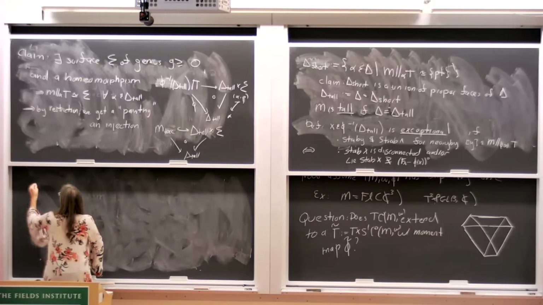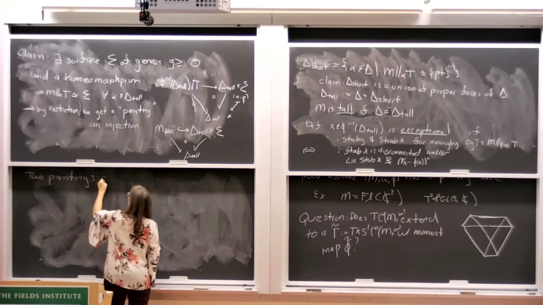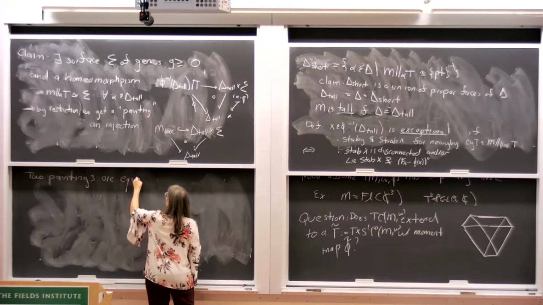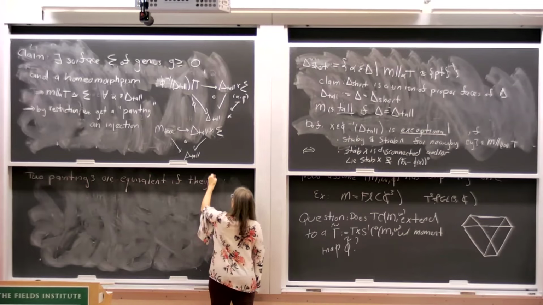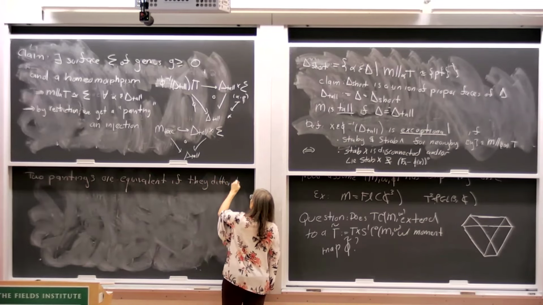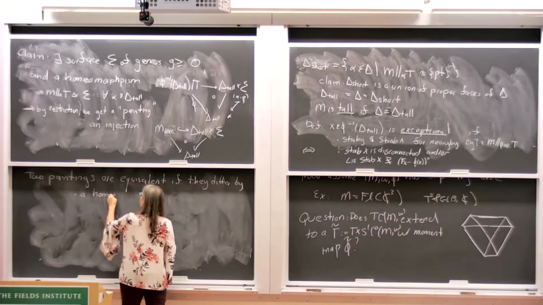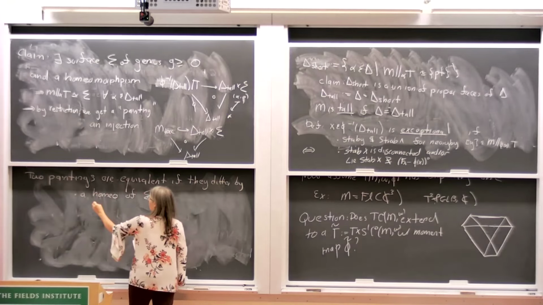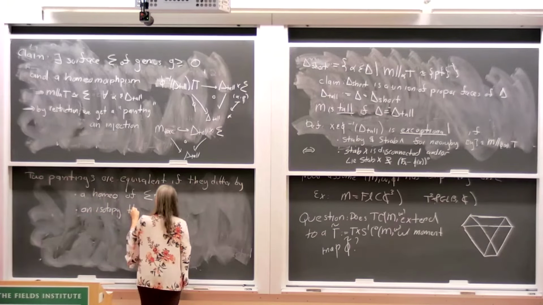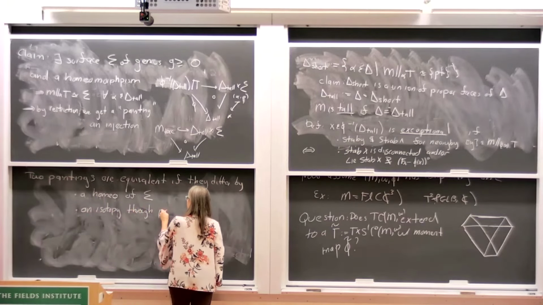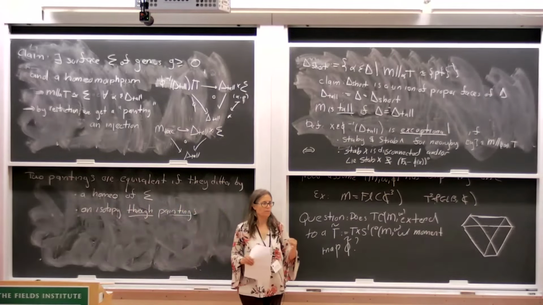I need two paintings to be equivalent if they differ by two things. I can take a homeomorphism of the surface, I don't care about that. Or I can take an isotopy, but it has to be through paintings. So I'm not allowing any isotopy.